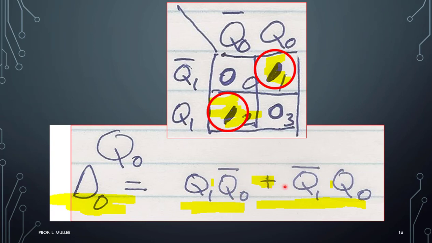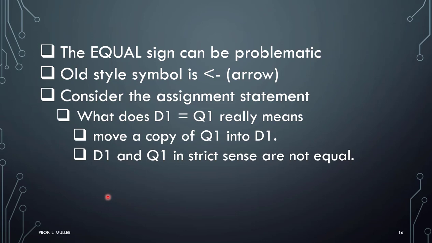Or Q1, if you look here, Q1 is a 0 going this way, and Q0 is a 1. So this combination or this combination will set D0, flip-flop 0. Now sometimes I'm just being persnickety, but the equal sign can be problematic.